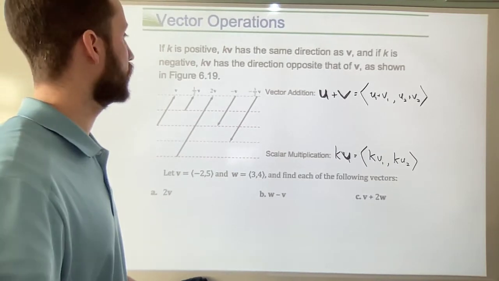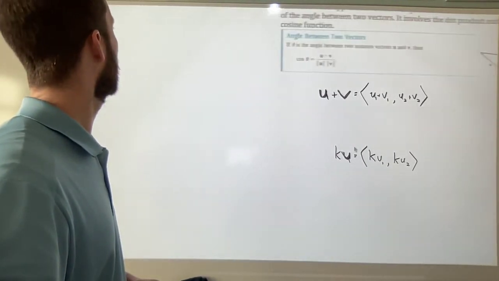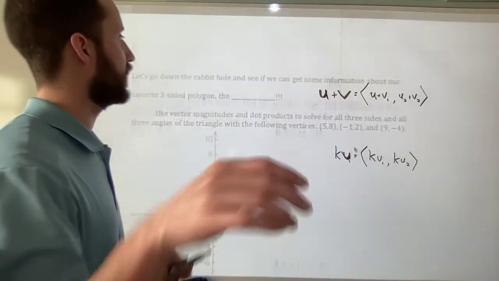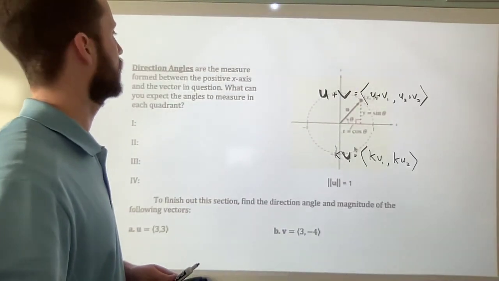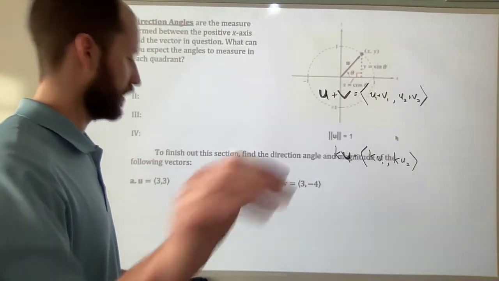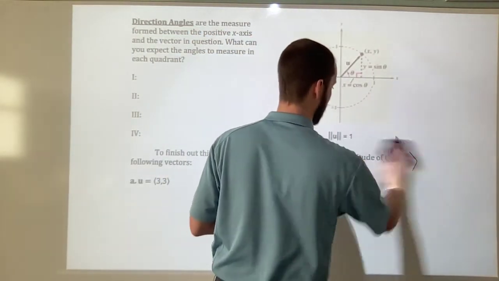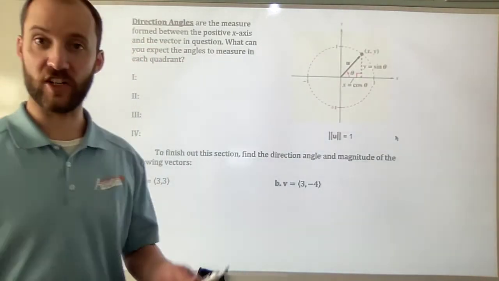And then also looking at direction angles. So a vector, if I skipped ahead, let's go back. Okay, so a vector has a force or velocity and it has a direction.